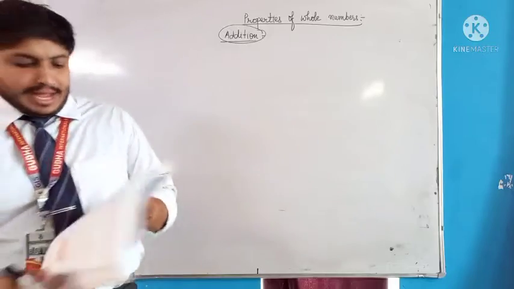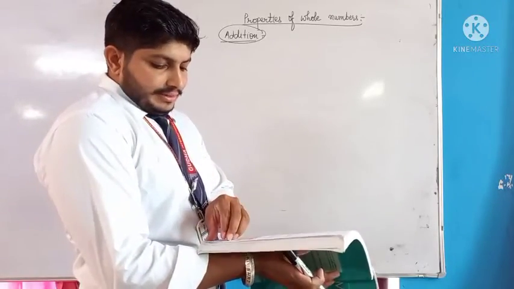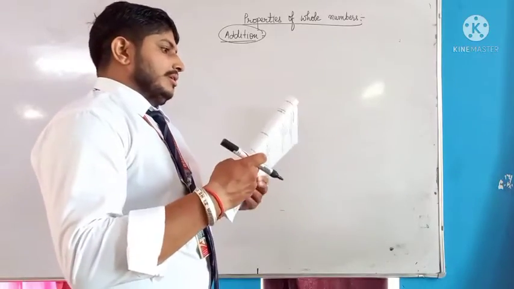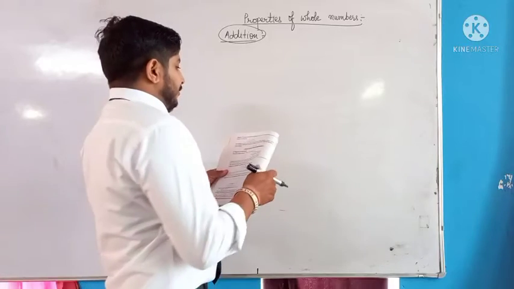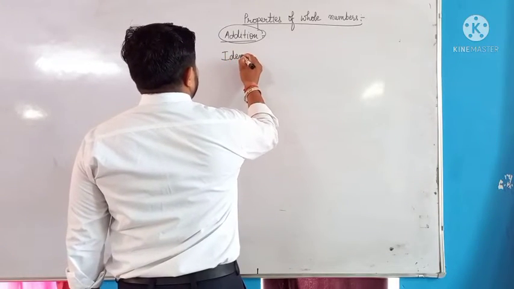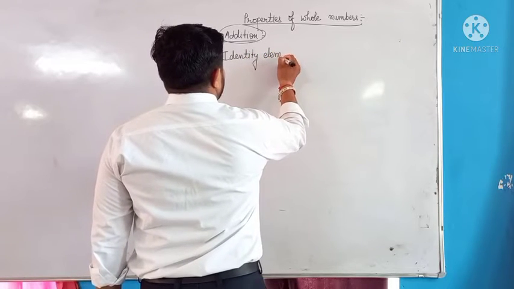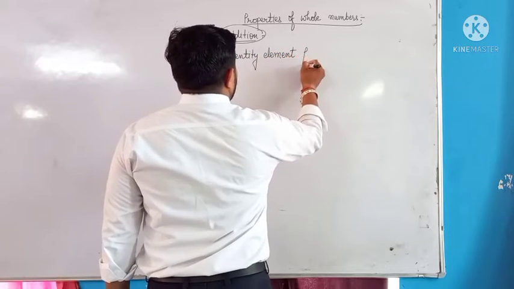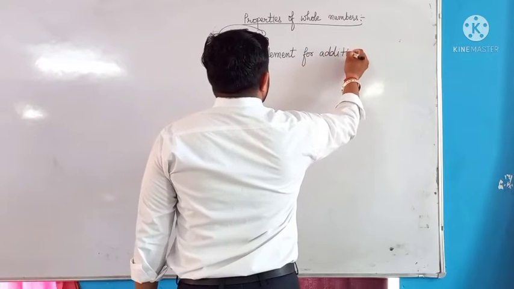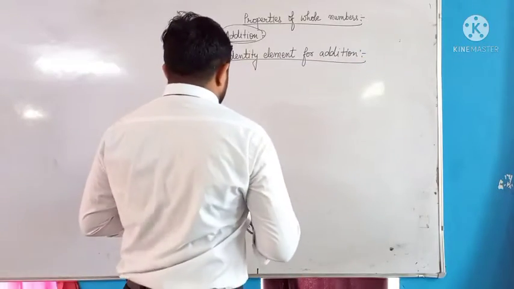Okay. Next property, beta. Next property may be the addition identity. What we add on whole numbers so that there is no effect will be seen, that is 0, beta. Identity element for addition. You know very well what we add on whole numbers so that the answer remains the same.